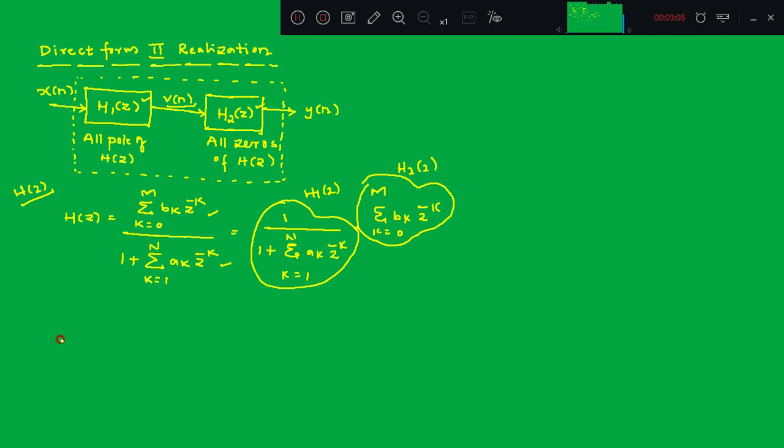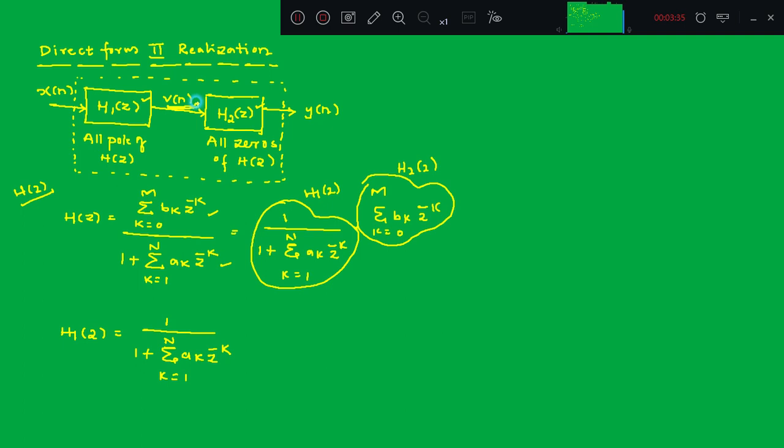So I will take H1(z) first. H1(z) is given by 1 divided by 1 plus summation k equals 1 to capital N a_k into z raised to minus k, right? So again, what is this H1(z)? This H1(z) is nothing but the all-pole filter transfer function whose output is what?